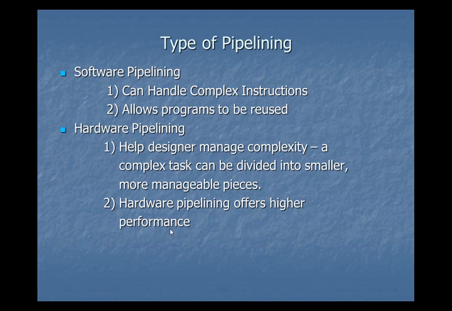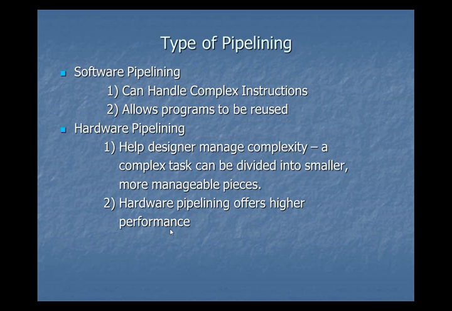Next point says hardware pipelining offers higher performance. Why does it offer higher performance? Because every processor, every CPU depends on the hardware elements, that is CU, memory unit, ALU. So the performance of pipelining is increased whenever we use the hardware pipeline.